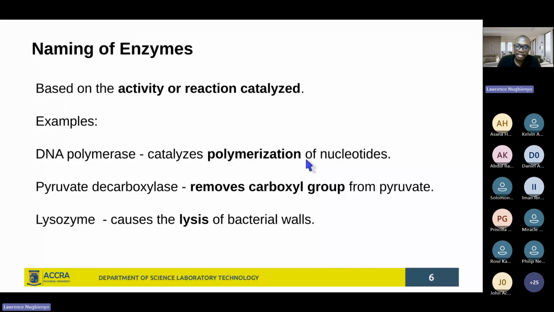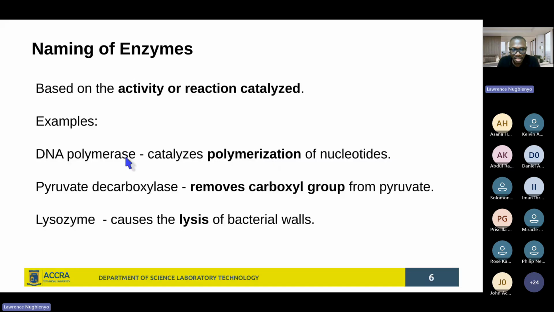Bringing the nucleotides together means you are forming a polymer, the nucleic acid, which is DNA. So it is the formation of DNA from nucleotides, and the name is polymerase, based on the process polymerization.